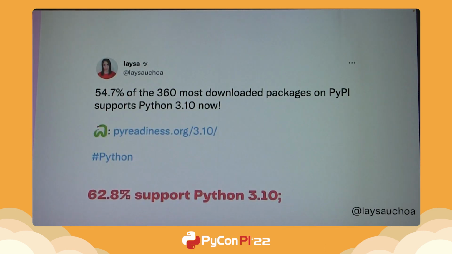Next, I think a week ago, I looked in PyLadies, which has the 360 most downloaded packages on PyPI, to see if they add support for Python 3.10. You see that it's already 62.8% as of last week. So a lot of packages already support Python 3.10.